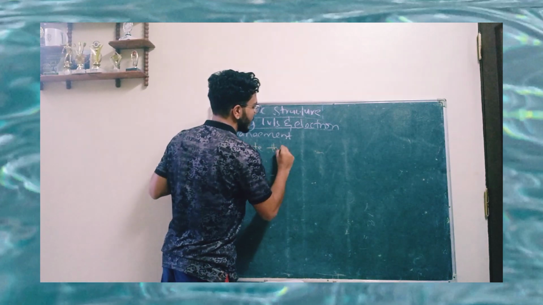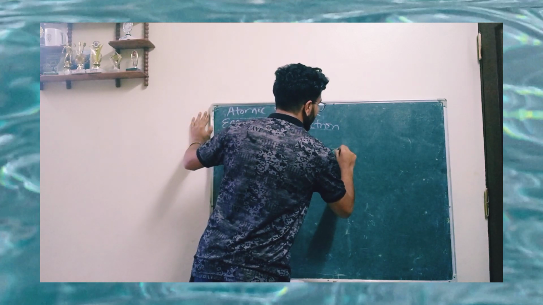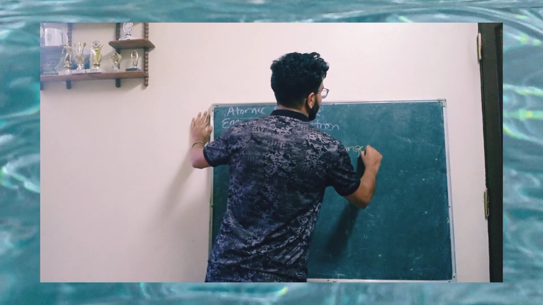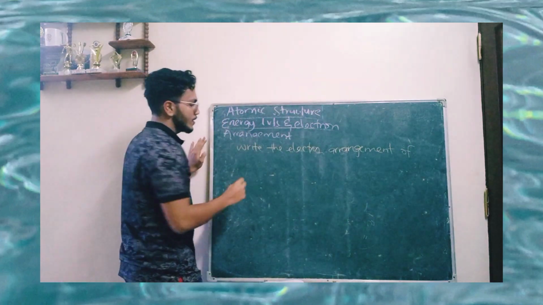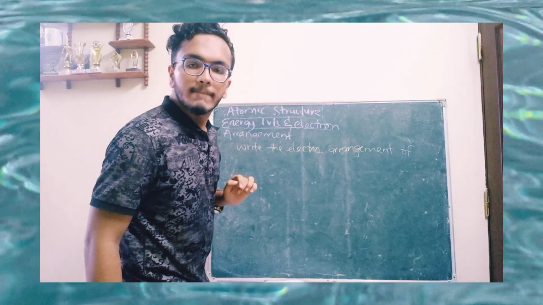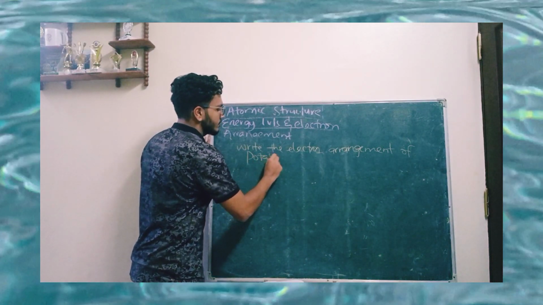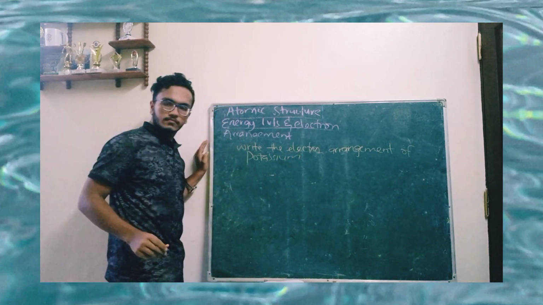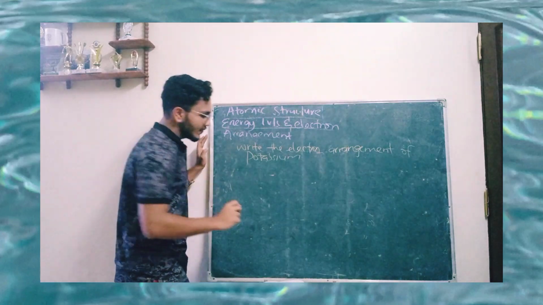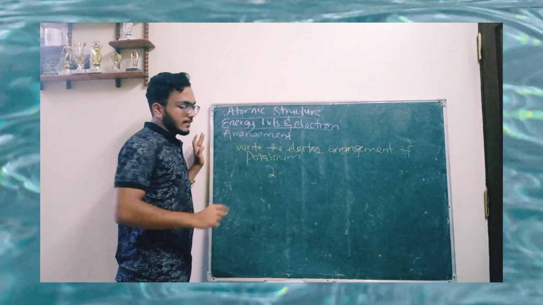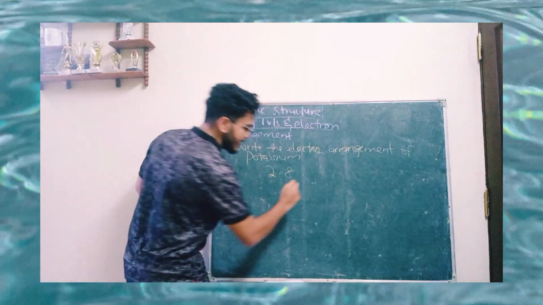So if you are told to write the electron arrangement of potassium: potassium is number 19. The first energy level has 2, full stop. The second energy level has 8. Now the third energy level does not have 18, it also has 8.